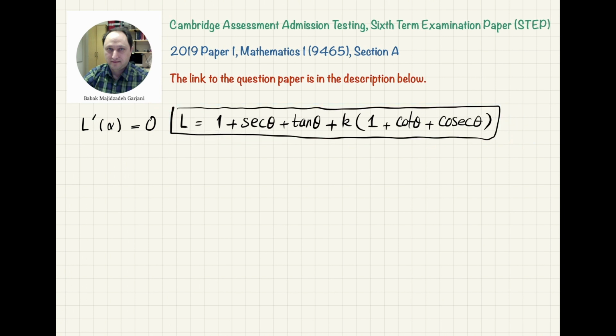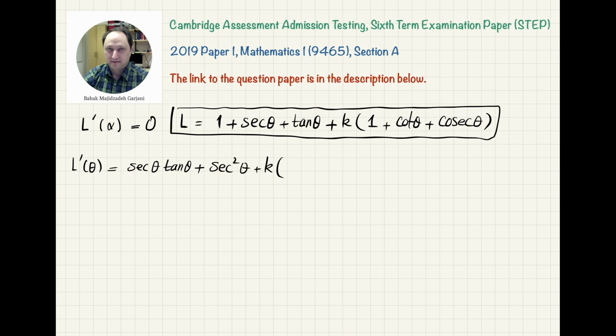Okay, so I would take the derivative, and at the end I have to insert alpha. This is supposed to be 0. So let me take the derivative of my function first. L prime of theta is equal to the derivative of secant, which is secant theta tangent theta, plus the derivative of tangent, which is secant squared theta, plus k.